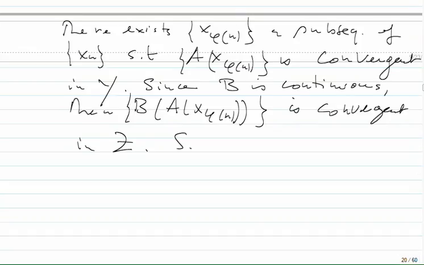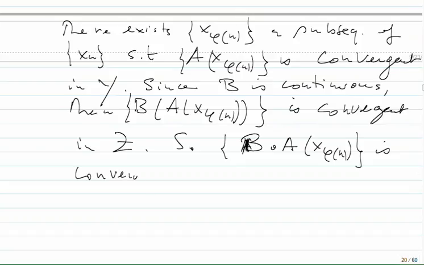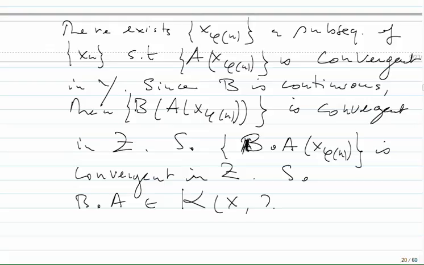That B composed with A at x_phi(n) is convergent in Z. So what we showed is that the image of any bounded sequence in X has a convergent subsequence in Z by B composed with A. So B composed with A is compact from X into Z. Okay.